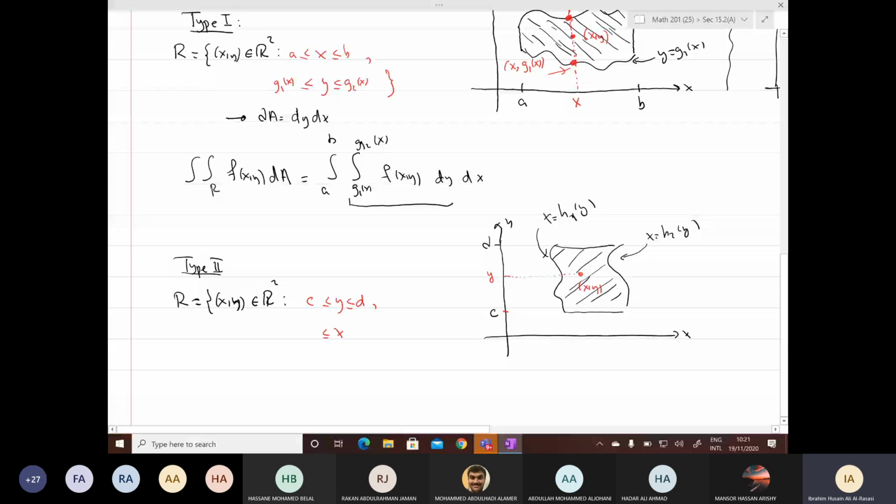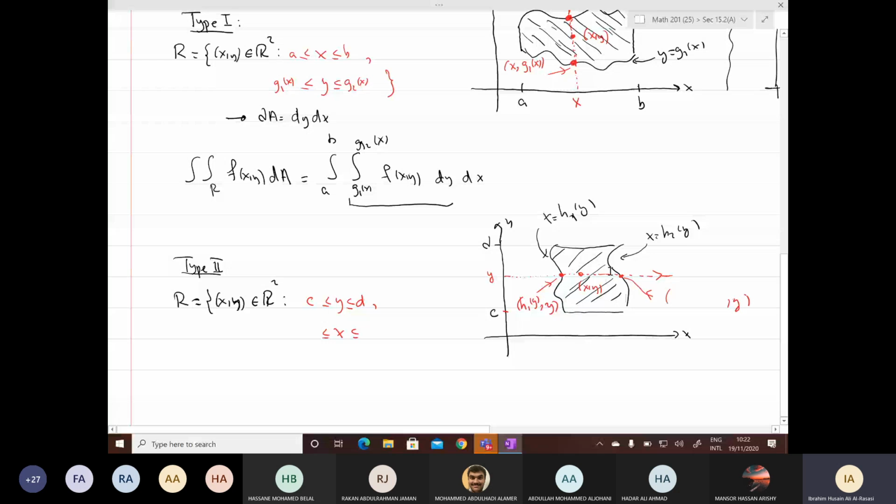What about x? You take a line and continue it in this direction. The y coordinate is y, so what is the x coordinate? You substitute in the equation of the left curve, x equals h1(y), and you get h1(y). What about here? The y coordinate is again fixed, y. What about x?